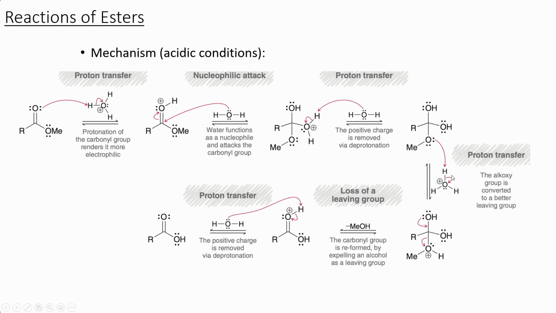A second proton transfer creates this methoxy group as a good leaving group, and collapse of the oxygen lone pair to reform the carbonyl will then eject our good leaving group, forming the carboxylic acid after one additional proton transfer. So this mechanism itself has 4 proton transfer steps.